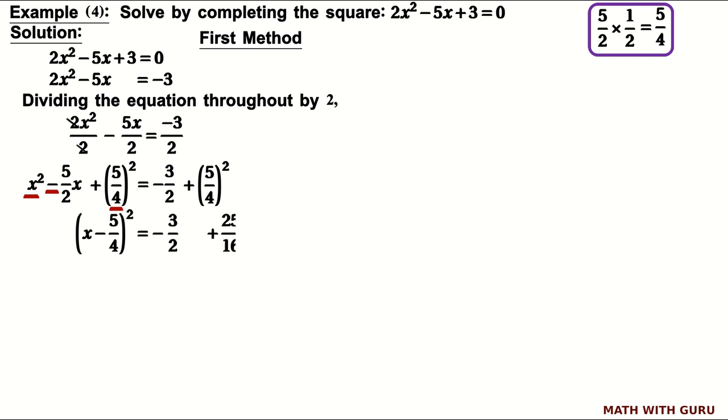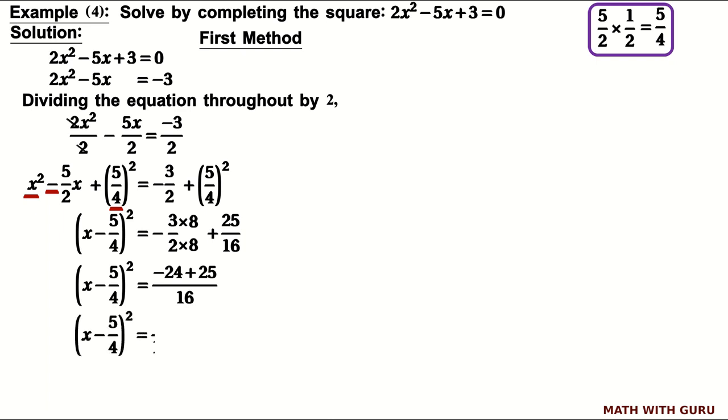Therefore, this can be factorized as x minus 5 by 4 whole square equals minus 3 by 2 plus 25 by 16. Then we get x minus 5 by 4 whole square equals minus 24 plus 25 whole divided by 16.